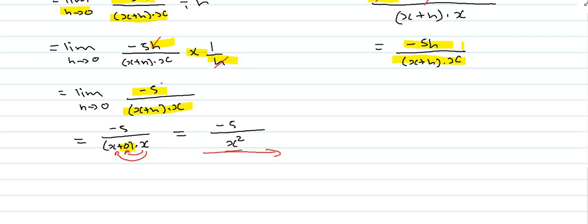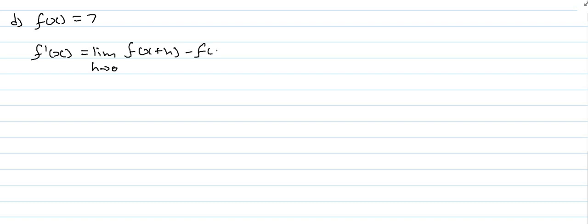So let's look at number D. Number D said f of x equals 7. Then they said determine f prime of x from the first principle. We said f prime of x is given by the limit as h approaches 0, f of x plus h minus f of x, all divided by h.